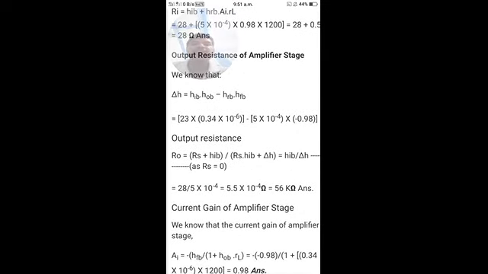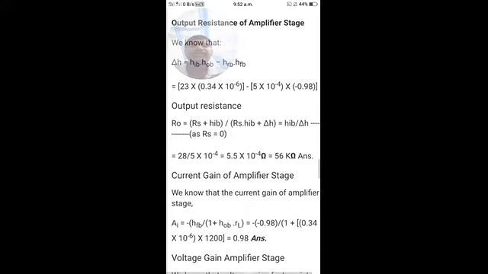Output resistance R0 is given by the formula RS plus HIB divided by RS plus HIB into HOB plus delta H. As RS is 0, substituting the values, we find the output resistance 56 kilo ohms.